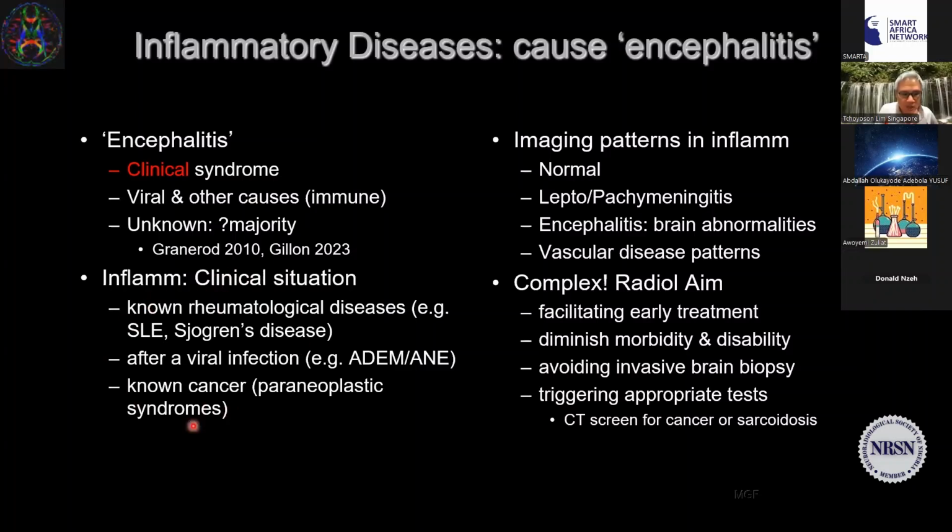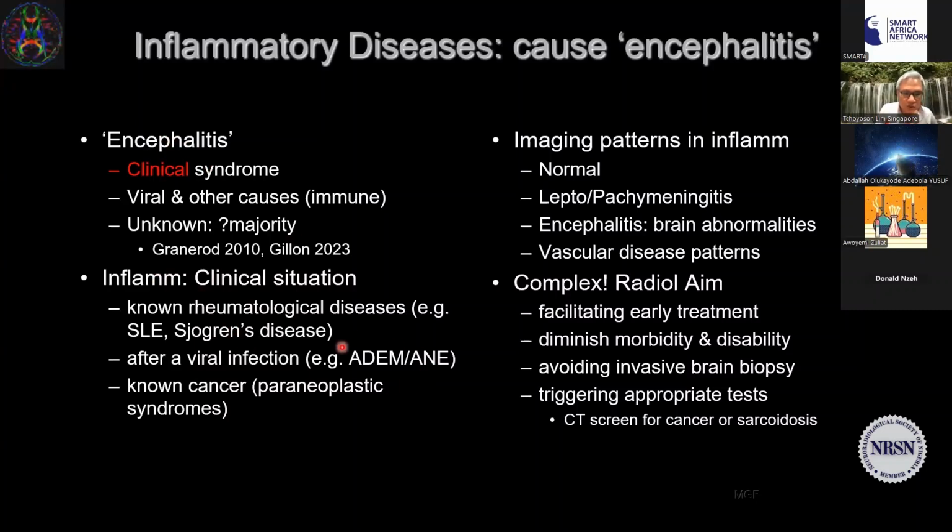typically we encounter them in three clinical situations. Number one, a patient with a known rheumatological disease such as systemic lupus erythematosus or Sjogren's syndrome. A patient with SLE and clinical syndrome of brain abnormality typically has MRI abnormalities. Secondly, if we have a post-infectious immune-mediated inflammation, the patient may also present with encephalitis.